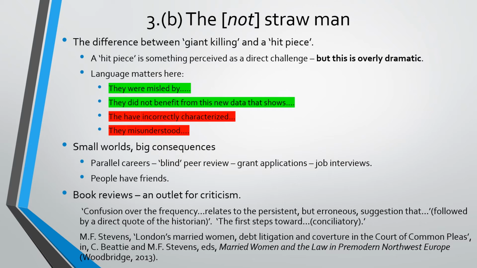With reference to Emma Hawkes's work, I've written, confusion over the frequency of women's litigation relates to the persistent but erroneous suggestion, and I followed it by a direct quote of the historian without using her name. And then I've later written, the first steps toward investigating this topic were taken by, and then I have used the author's name.